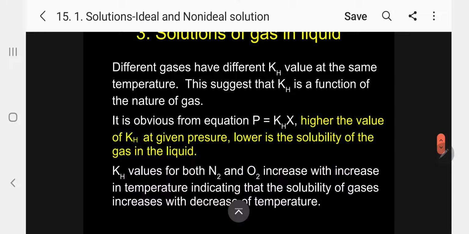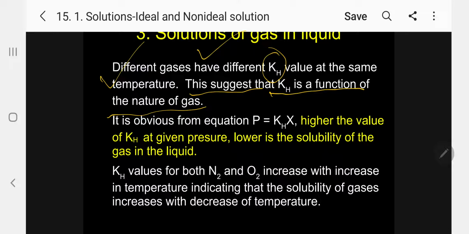Now, different gases have different KH values at the same temperature. This suggests that KH is a function of the nature of the gas. Very important: KH, that is Henry's constant, is a function of the nature of the gas.